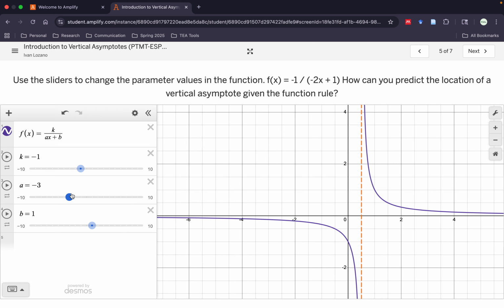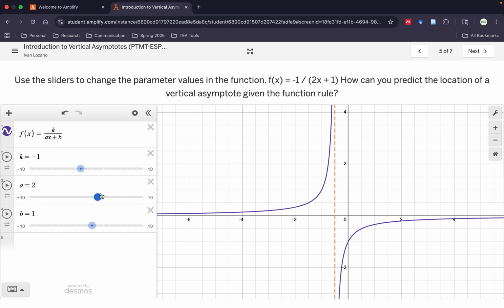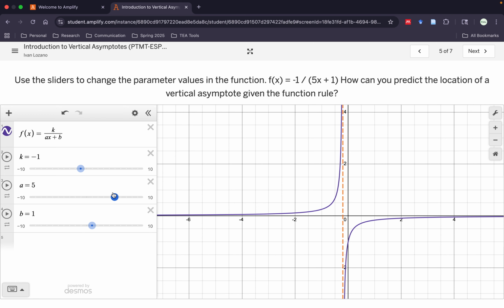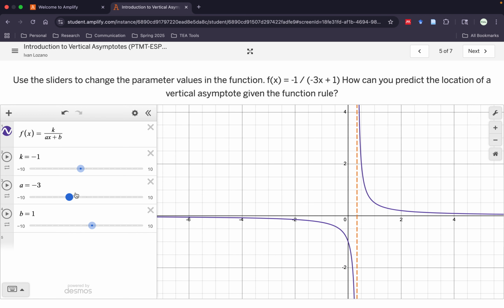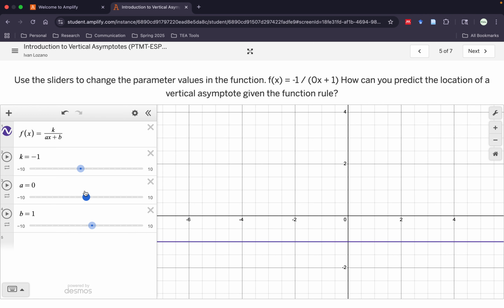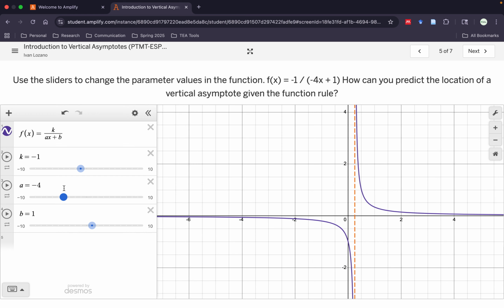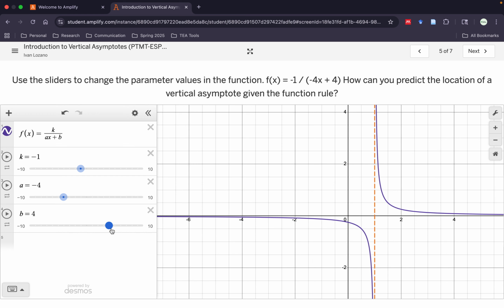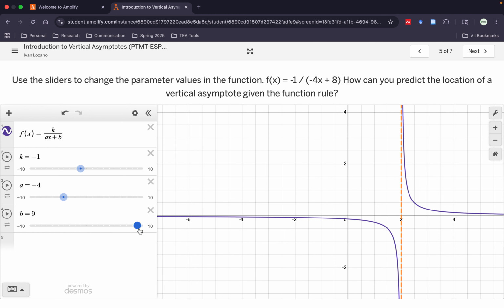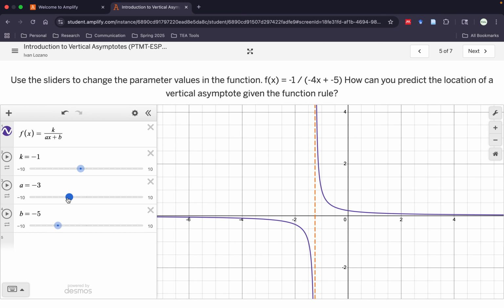A moves it, and then it flips it. So students will think that affects the vertical asymptote. B moves it exactly in the direction it needs to go.